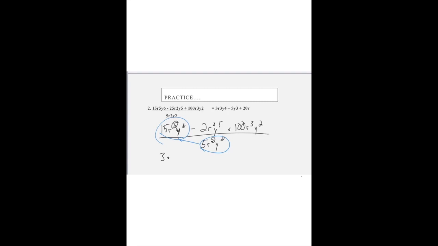So we get r to the 5 minus 2, and we have y to the 6th divided by y squared, which would be 6 minus 2. So what we end up with as a term, once we finish this up, is 3r to the 3 times y to the 4.